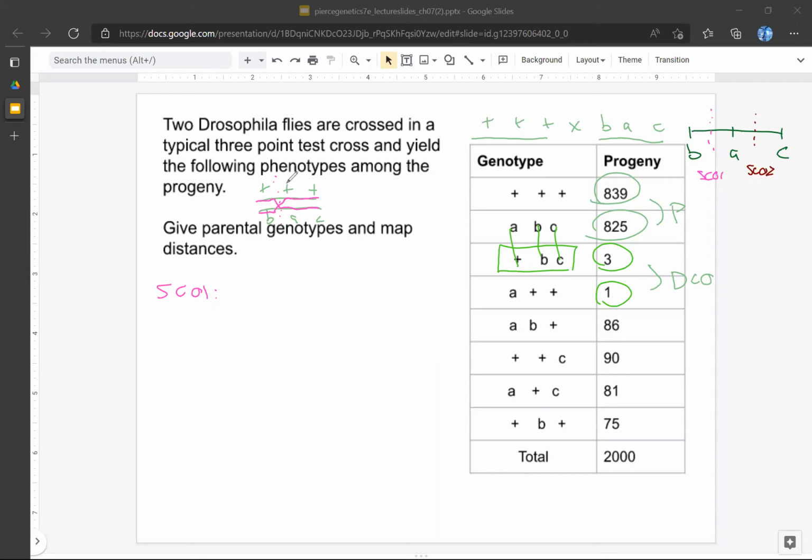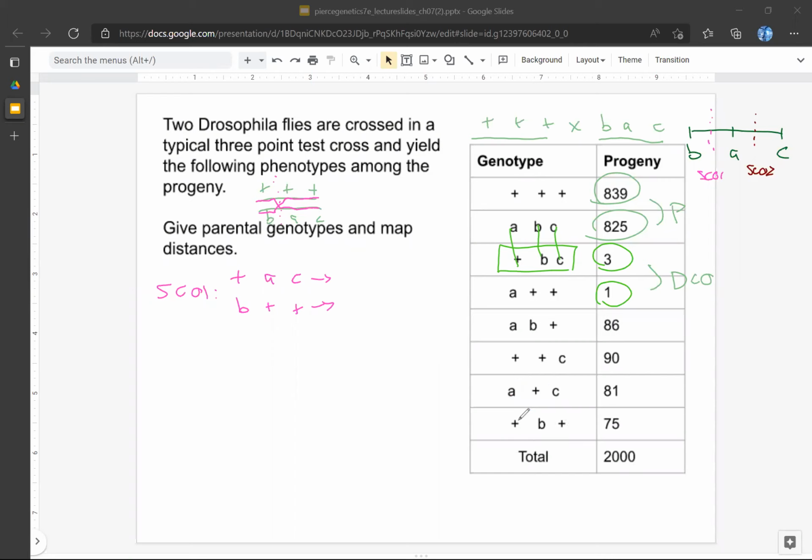So we can follow it. One of the genotypes that we see is going to be plus AC, and the other one is going to be B plus plus. We can look for these genotypes among our individuals, plus AC, and then B plus plus.